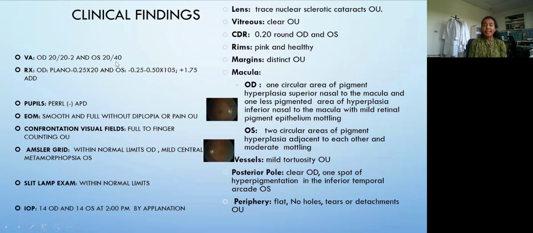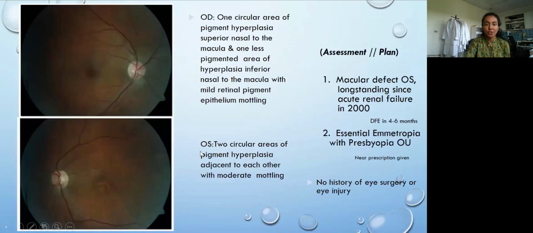So the RPE mottling or the hyperplasia was worse in his left eye compared to his right eye. And so these are images. I know they're difficult to see, but I do have a larger picture here. So you can see the RPE hyperplasia worse in his left eye compared to his right eye.